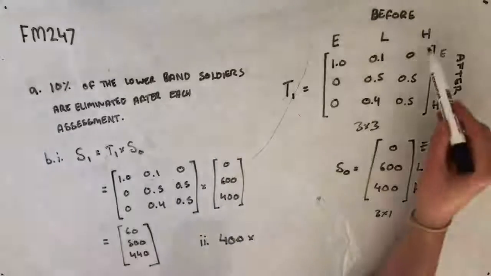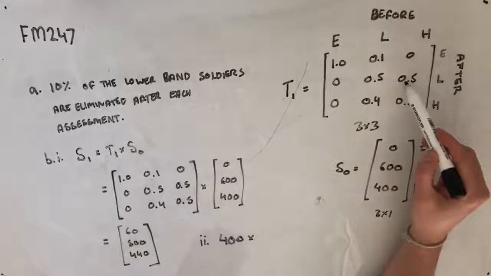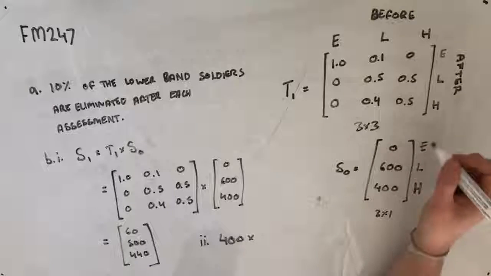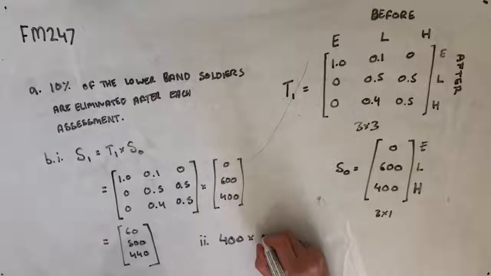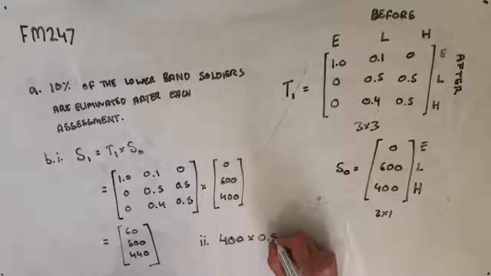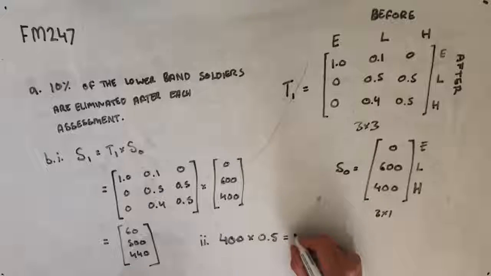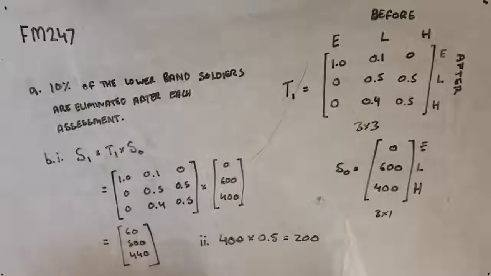Well, if we look here, we can see that the number of higher band soldiers that move to the lower band is denoted by 0.5. So 50% of them are going to be moved to the lower band. So if we times 400 by that 0.5, it'll give us 50% of 400, which of course is 200. So 200 soldiers will be moved to the lower band after the first assessment.